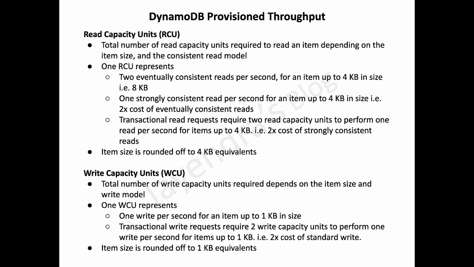And a transactional write request of an item of up to 1 KB requires 2 write capacity units. So it's 2x as costly as a standard write. The item size is rounded off to 1 KB equivalents.